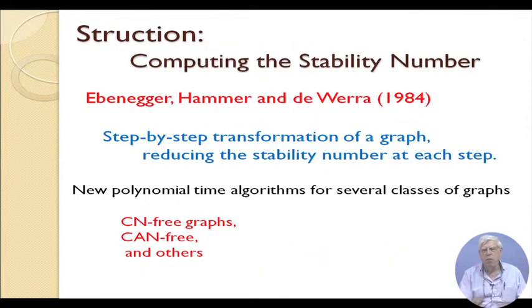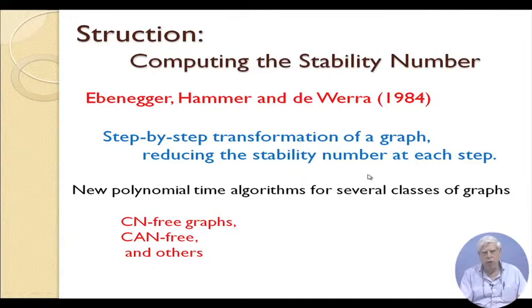Now let's move on to another invention of his called struction. This was a method for computing the stability number, the size of the maximum independent set. In some work in 1984, he proposed and showed that if you apply a kind of transformation to the graph, you will have reduced the stability number at each step.